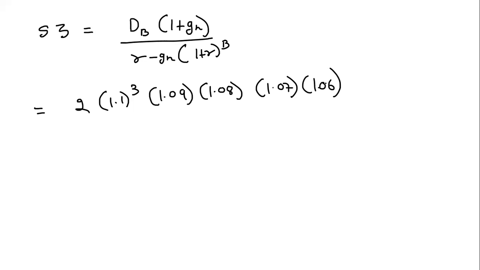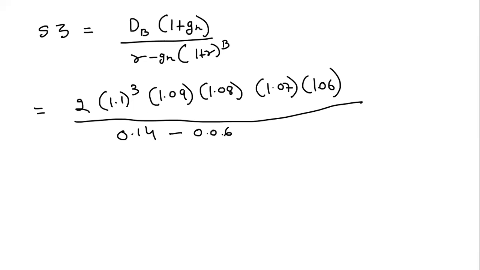After 7 years, the firm is assumed to grow at a rate of 6% infinitely. Divided by R, that is 0.14, 14%, minus Gn, that is 0.06, 6% infinitely, and (1 plus R) raised to B. So 1 plus R is 1.14, raised to B, and B is for 7 years.